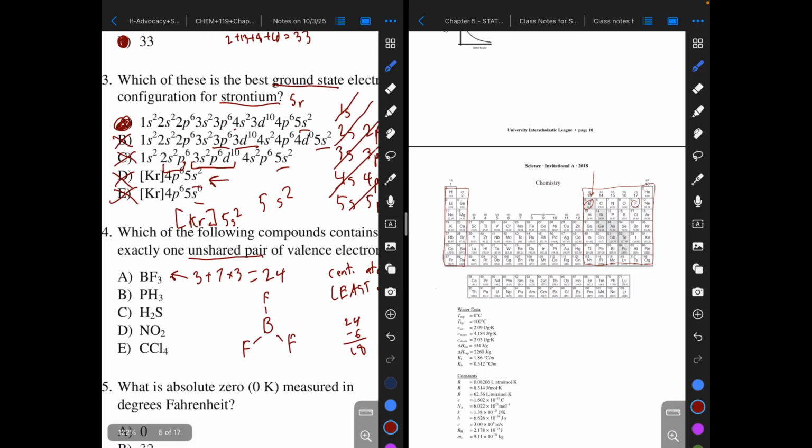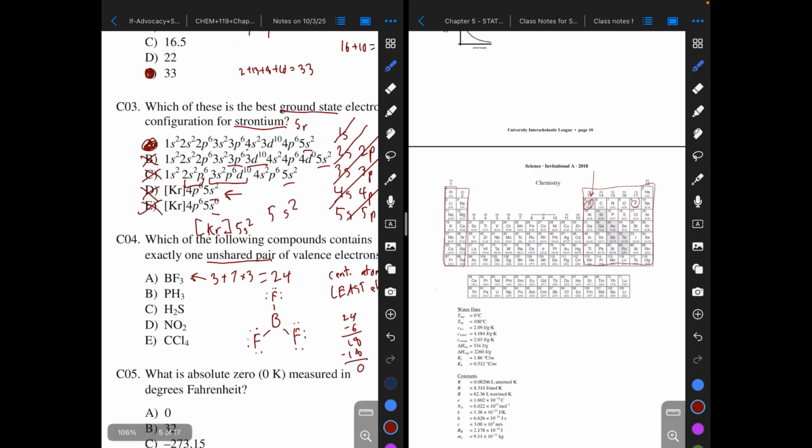And each bond is 2 electrons. They're sharing 2 electrons. So each of these fluorine can hold up to 6 more electrons. So we can draw 6 electrons around each fluorine. And 6 times 3, 18. So we got rid of all the electrons.